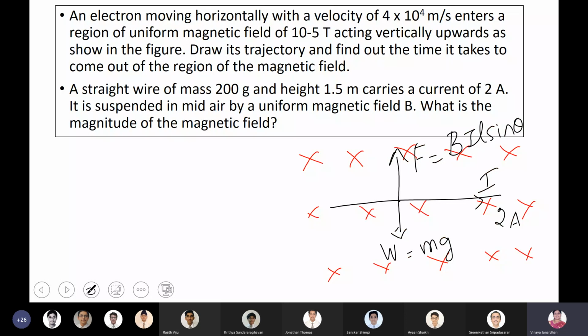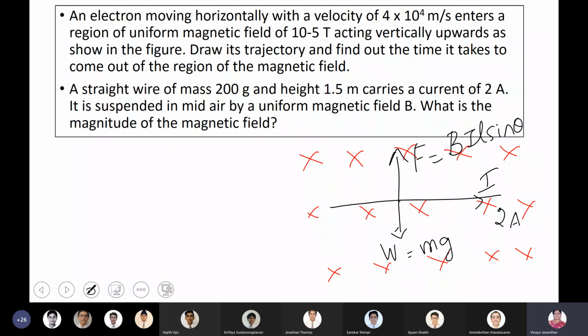Is it upward? Use your Fleming's left hand rule. Stretch your forefinger along the field. The field is a cross field, which means your forefinger should be away from you, pointing towards your monitor. The wire carrying the current is lying on the plane of your monitor. Your forefinger of your left hand should be stretched away from you, towards the monitor.